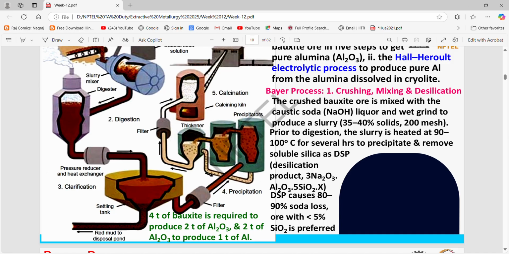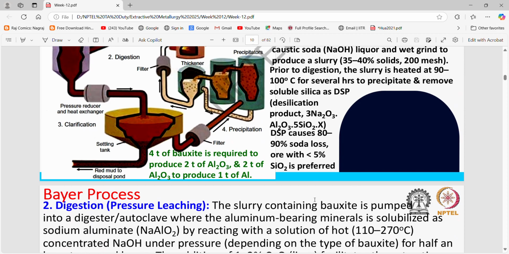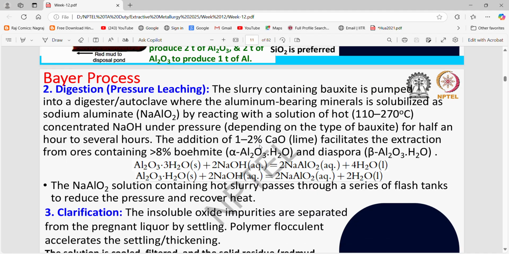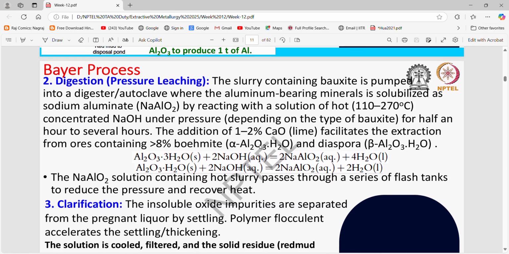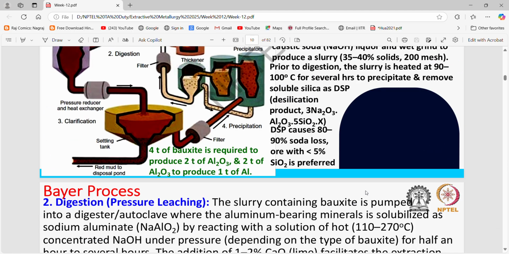Less than 5% SiO2 is preferred during the Bayer's process. 4 ton of bauxite is required to produce 2 ton of Al2O3, and 2 ton of Al2O3 to produce 1 ton of aluminium. So during the Bayer's process, the first step was this crushing, mixing and desilication process.